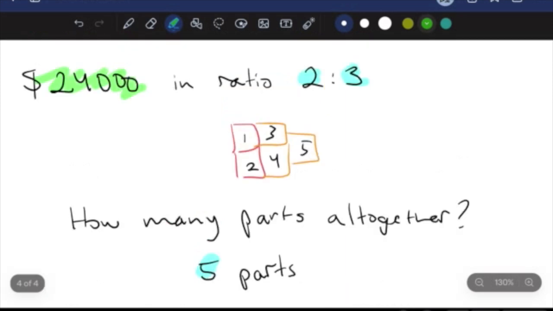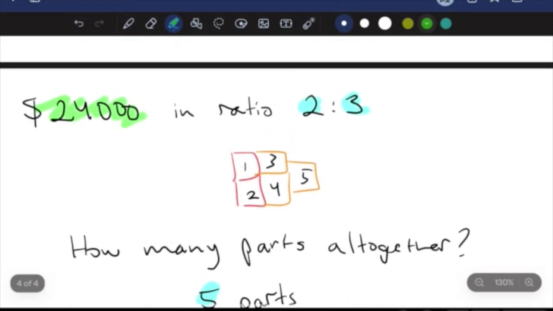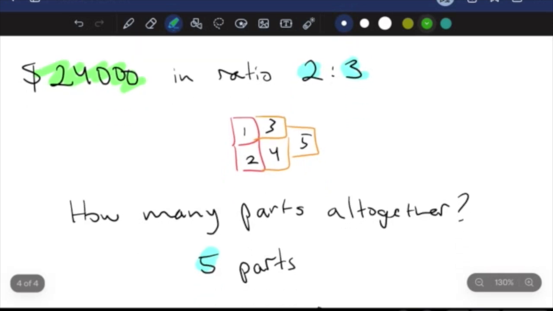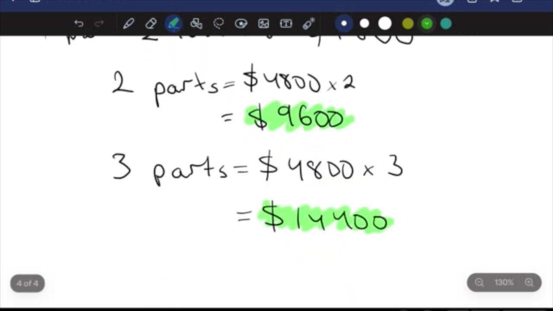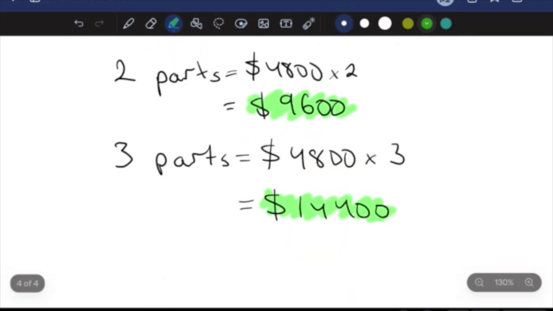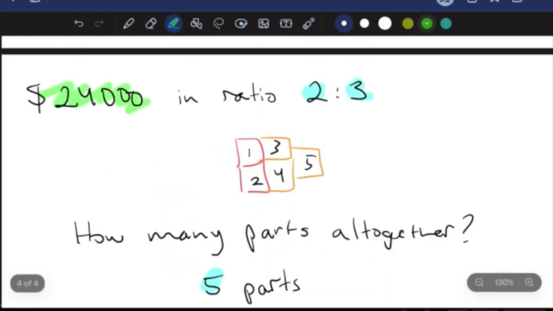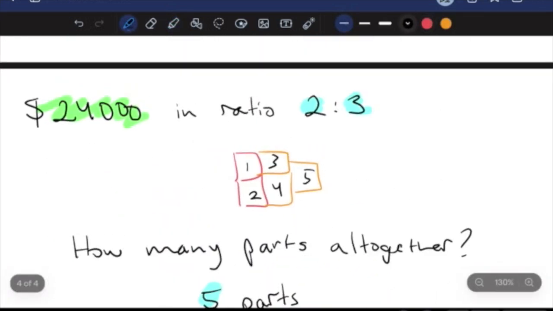These are the 2 values I get when I divide my amount of money in this particular ratio. A good way to sense check these questions is to add the 2 values together, 9,600 and 14,400, and you should get the amount you were given in the question. In this case, that was 24,000.